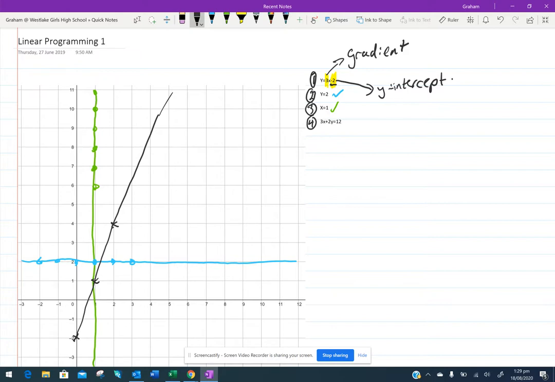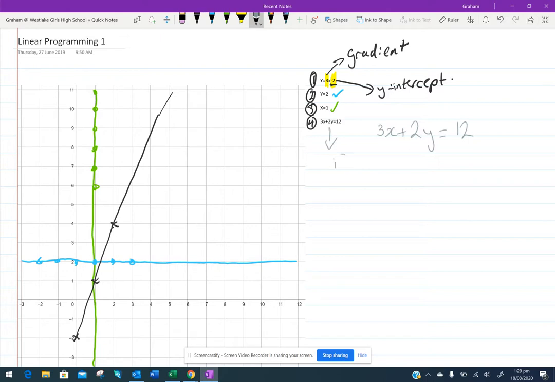So now I just need to do this. And this is the bit that's a bit different. So if I notice, I've got an equation involving x and y on one side of the equation.